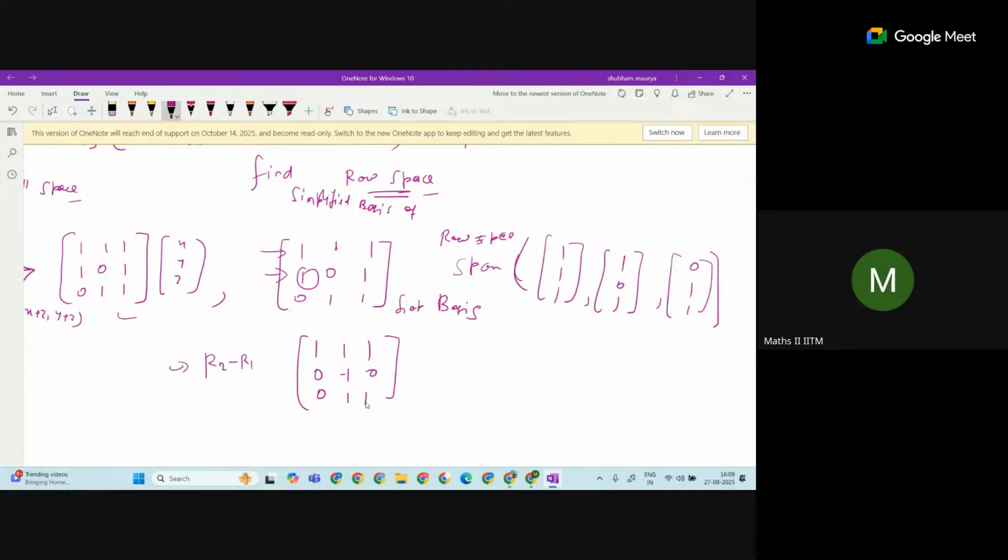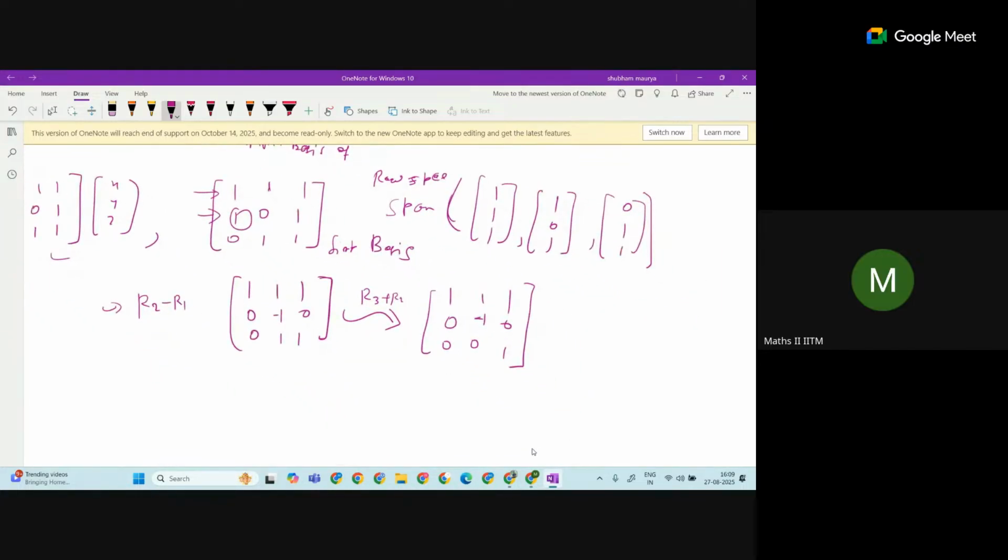Let's do one more operation: in R3, I am adding R2. So this will be 1 1 1, 0 minus 1 0, and 0 0 1. Yes, this is what I will get.